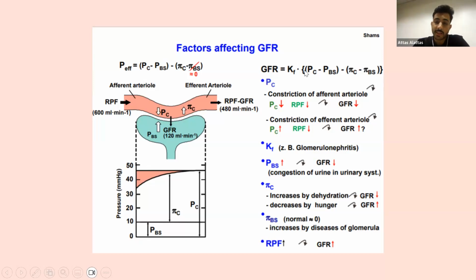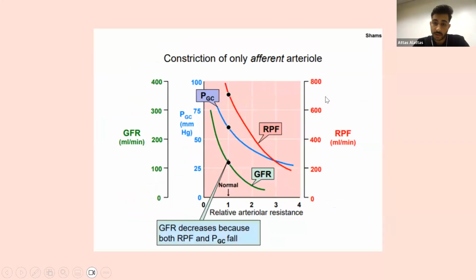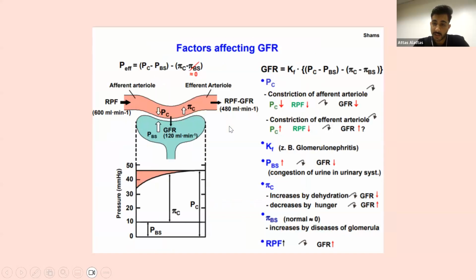So let's take each of these factors and explain what will happen to the GFR if we, for example, decrease this or increase this. The hydrostatic pressure in the capillary: if this one decreases, the GFR will decrease.